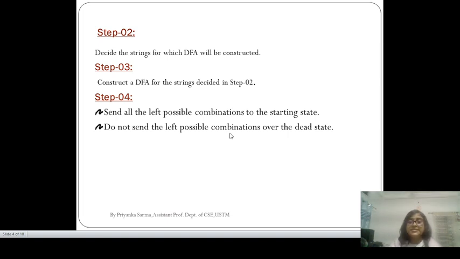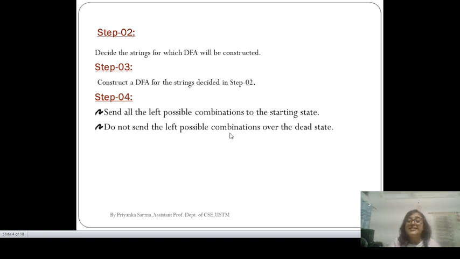Now what is a dead state? A dead state is a state from which we cannot reach the final state, though from the initial state we can reach the dead state. So the dead state basically behaves like a dustbin.